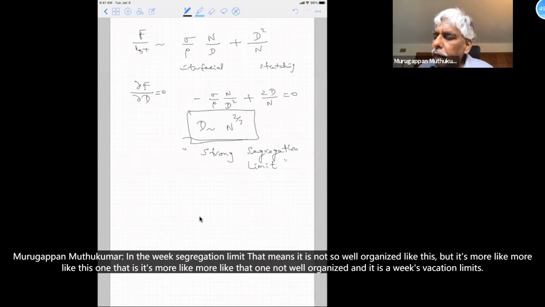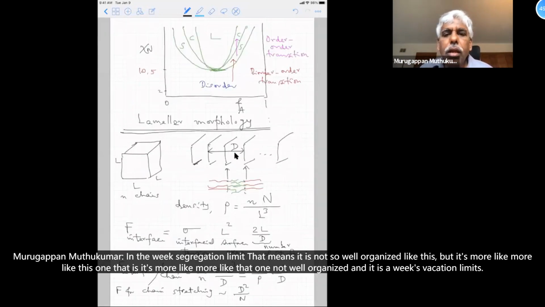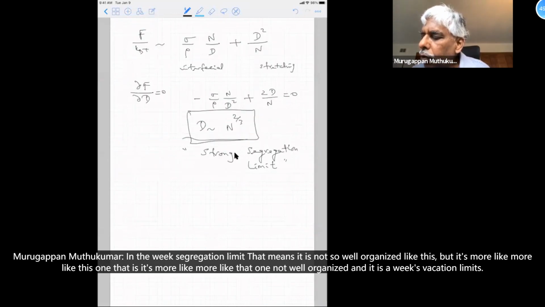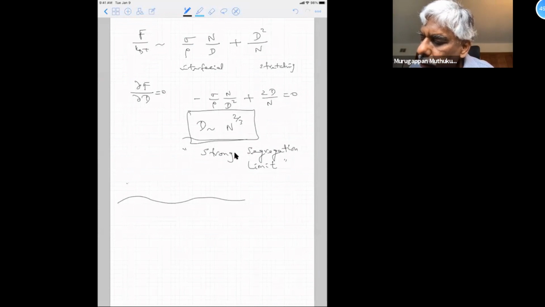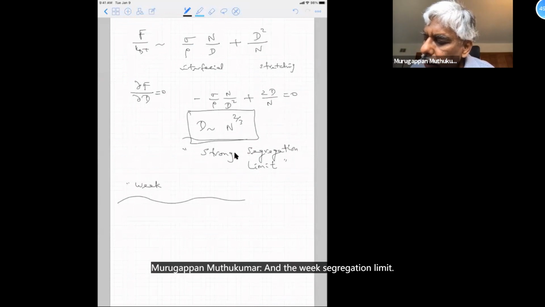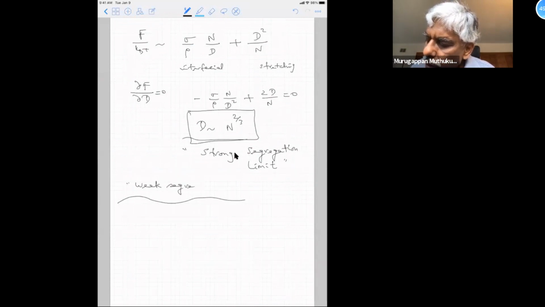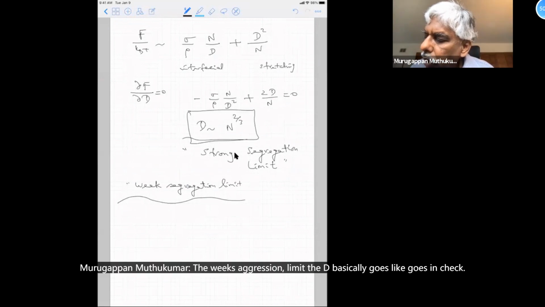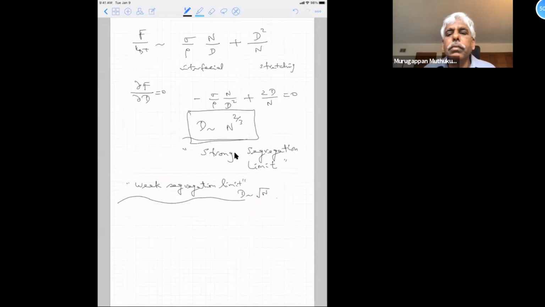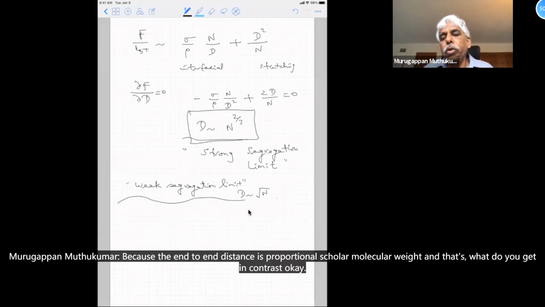In the weak segregation limit, it is not so well organized like this, but more like that one, not well organized. In the weak segregation limit, D basically goes like a Gaussian chain, because the end-to-end distance is proportional to the square root of molecular weight, and that's what you get in contrast.